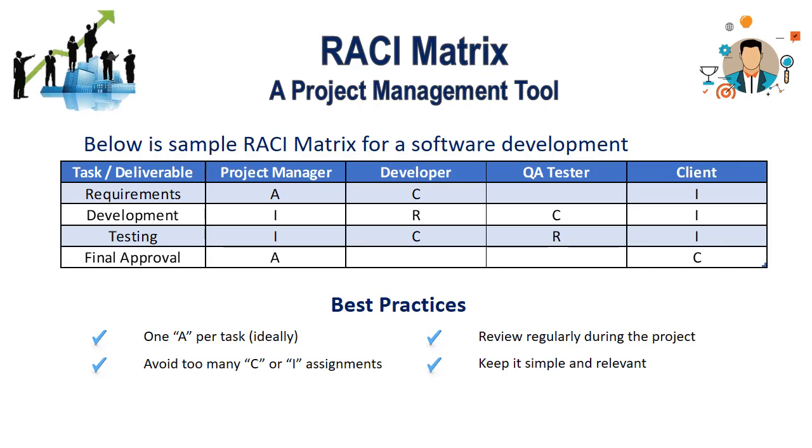That is why here you can see QA tester is responsible, because he is testing the software. And once everything is done, it is informed to the project manager and the client about the updates and the status. Then we come to the final approval.